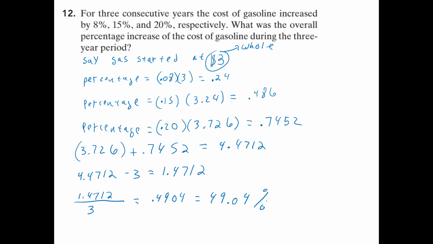Now, if you didn't use $3, if you had used $4, it wouldn't matter. And the way I'm going to show that it wouldn't matter is by doing this problem over again. You might want to get another piece of paper.